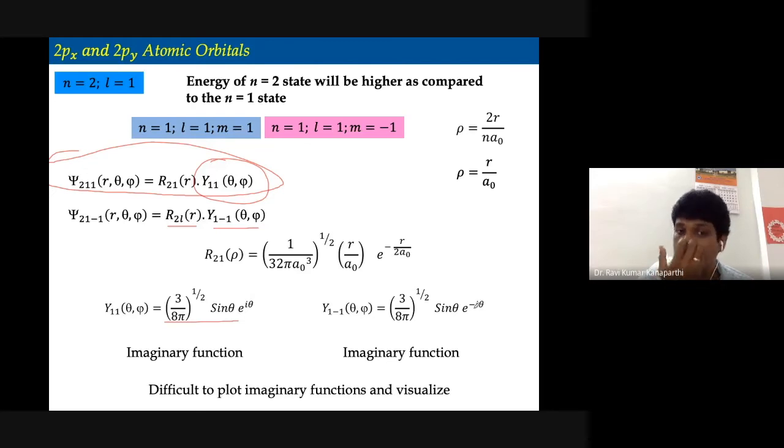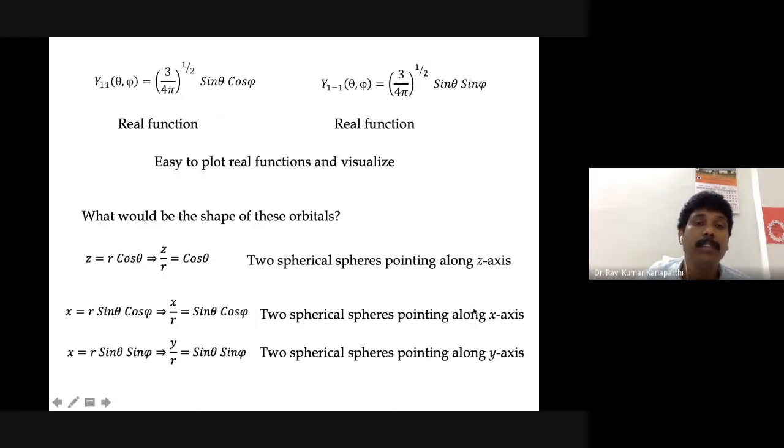That is the imaginary function. As you realize, these two functions are imaginary and very difficult to plot and visualize as orbitals. Therefore, we go for the real functions. The real functions for 2px and 2py are given here. Y11 is given by square root of 3 by 4 pi, sine theta cos phi.